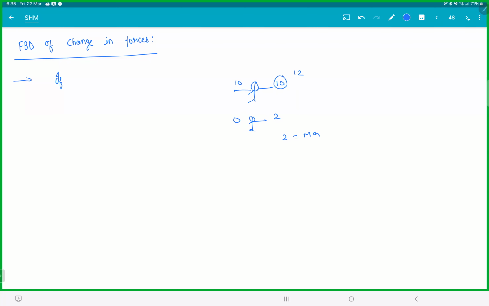End of the day, what you're interested in is the difference in forces, right? You don't actually want the actual forces. So if the body is in equilibrium, already the net force is 0. And now when you displace them, the forces will change.